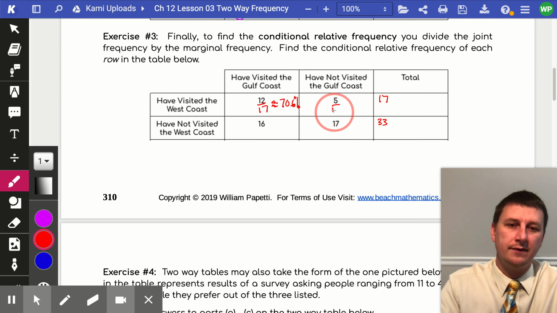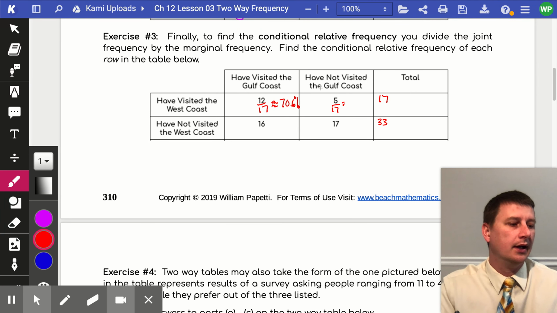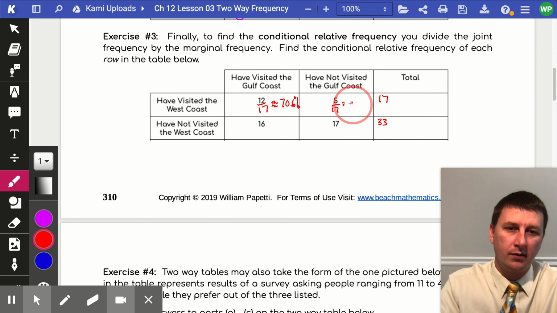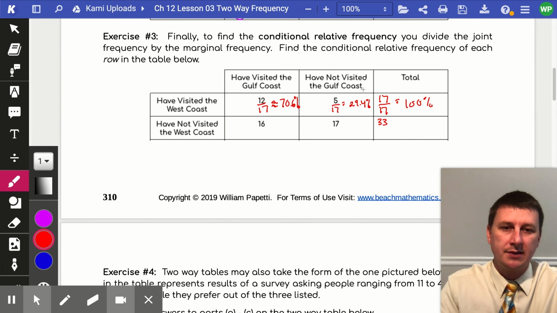Over here, we're going to do 5 out of 17, and 5 over 17 as a percent would give us 29.4%. That would mean our total would be 17 out of 17, and that would give us 100%. So again, 70.6% and 29.4% would add together to give us 100%.